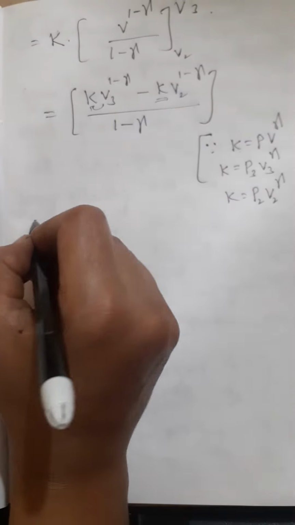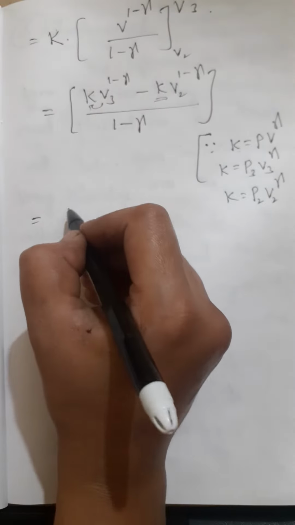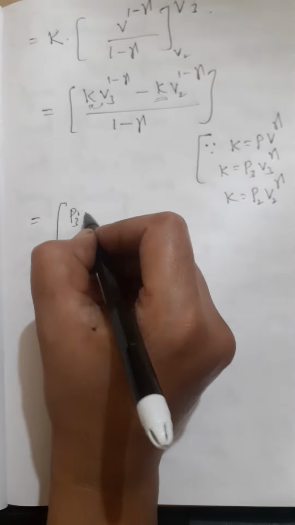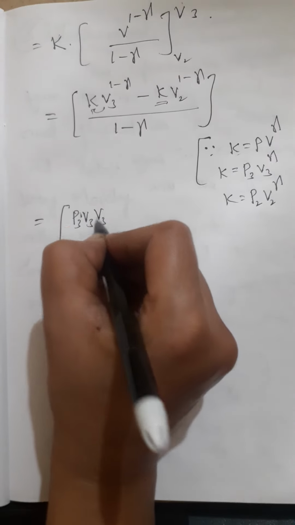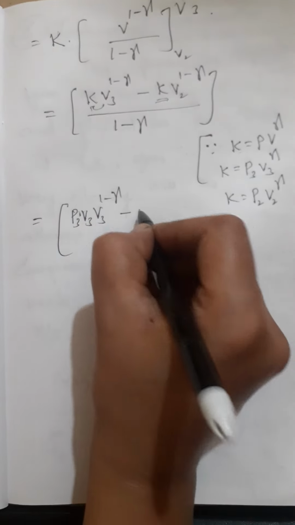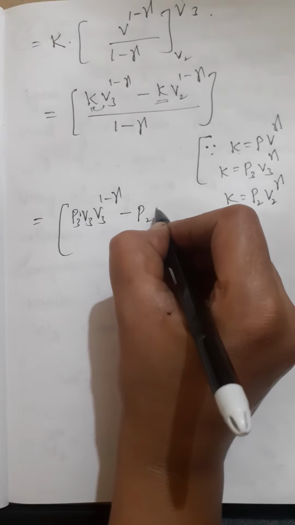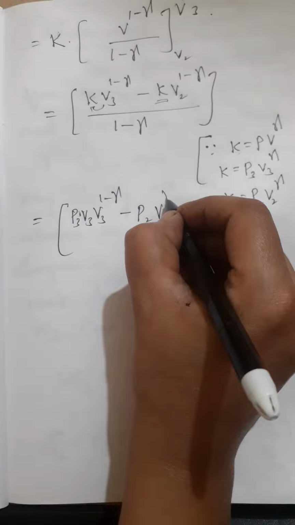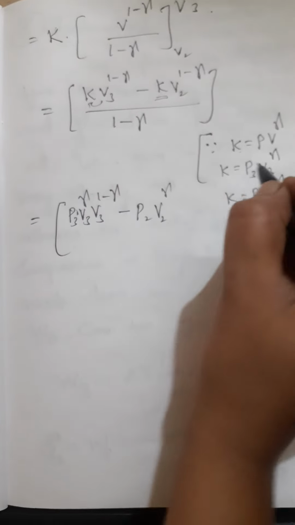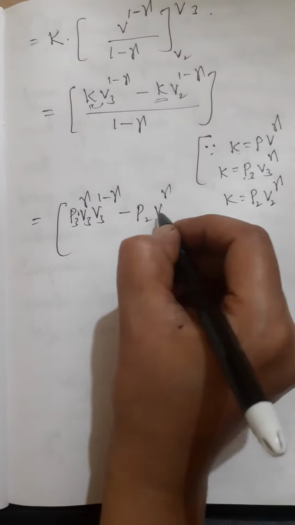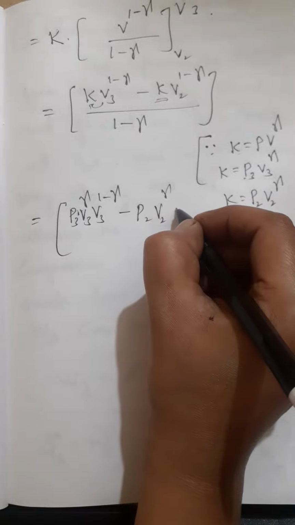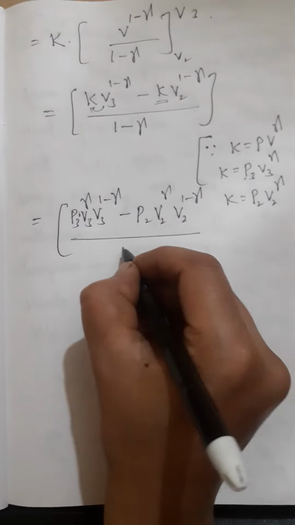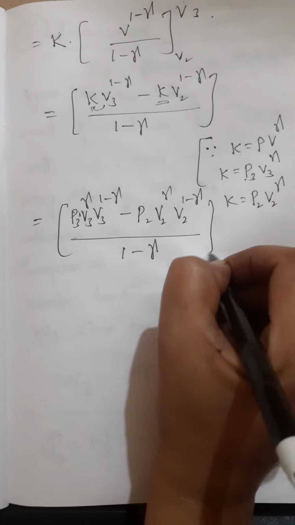So we can write P3 V3 to the power of gamma times V3 to the power of 1 minus gamma, minus P2 V2 to the power of gamma times V2 to the power of 1 minus gamma, divided by 1 minus gamma.